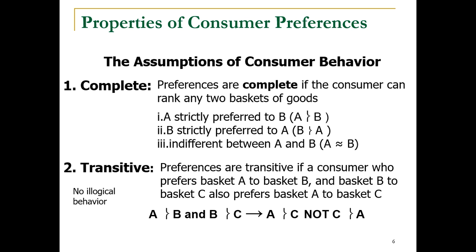So given two bundles, bundle A and bundle B, we say that preferences are complete if this consumer is able to tell us, I strictly prefer B to A, or maybe I strictly prefer A to B, or given a situation where this person loves both A and B, we say that this consumer is indifferent between bundle A and bundle B, meaning that he loves both.